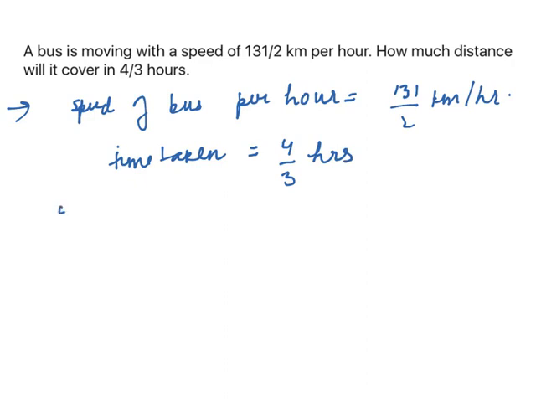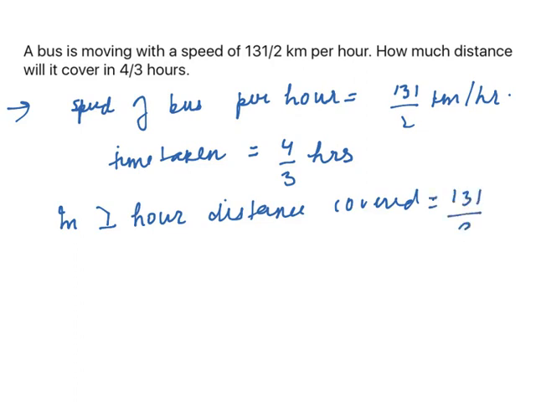In 1 hour the distance covered is 131 by 2 kilometer, because they have given 131 by 2 kilometer per hour. Per hour means in 1 hour it covers 131 by 2 kilometer distance, and we have to find out for 4 by 3 hours.